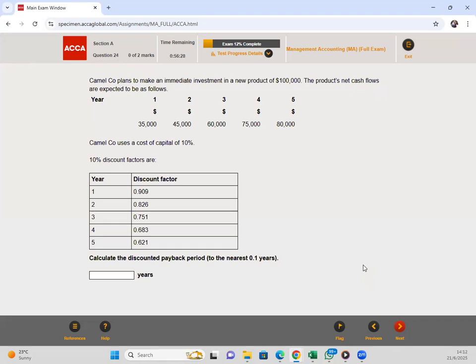So calculate the discounted payback. Payback period is easy now, so this one is yours to try. Quickly, can you try that?